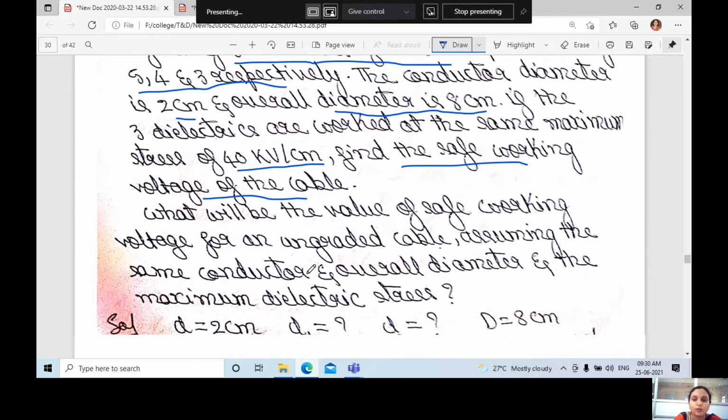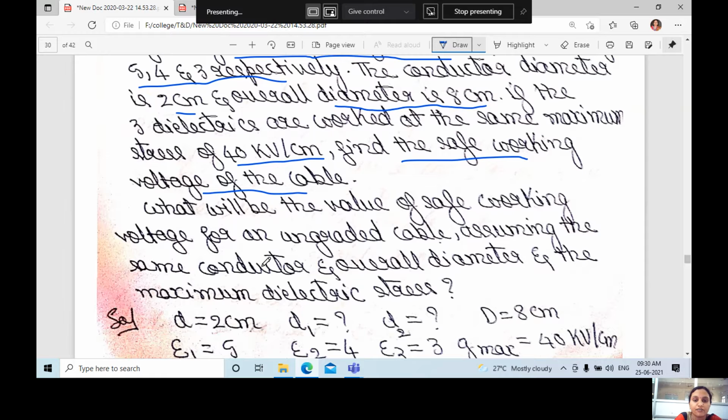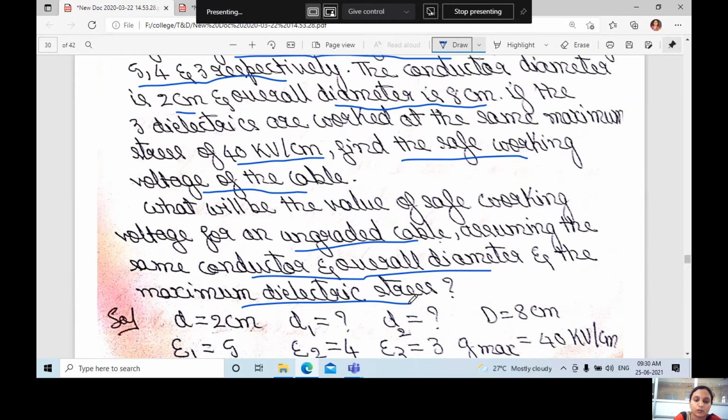What will be the value of safe working voltage for an underground ungraded cable, assuming the same conductor and overall diameter and the same maximum dielectric stress?